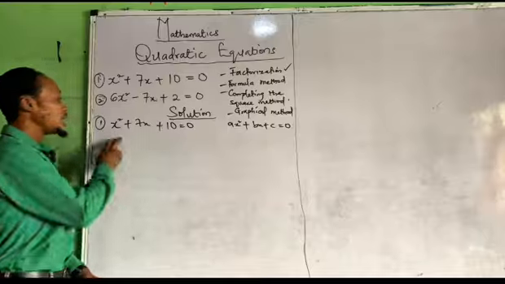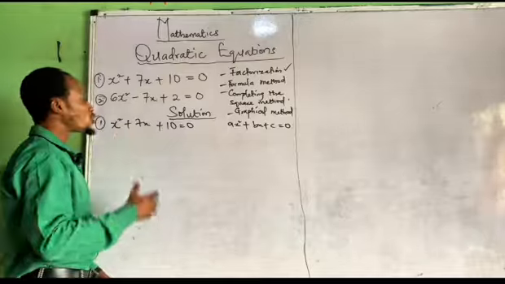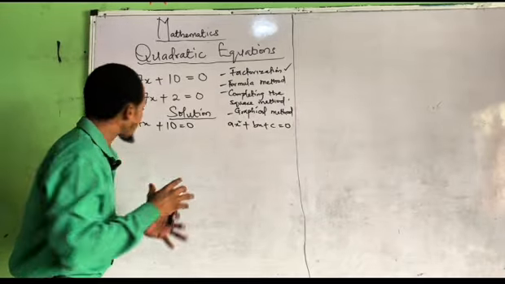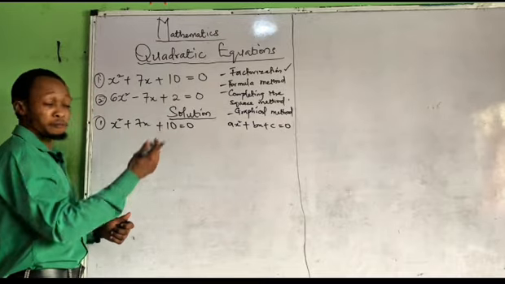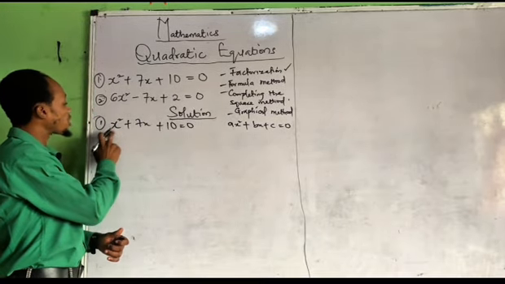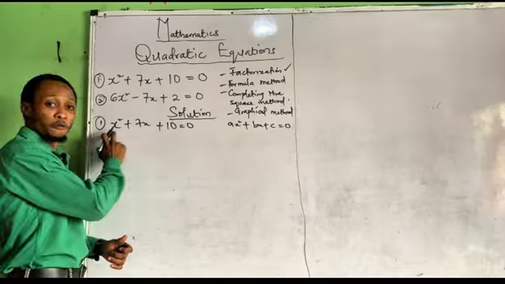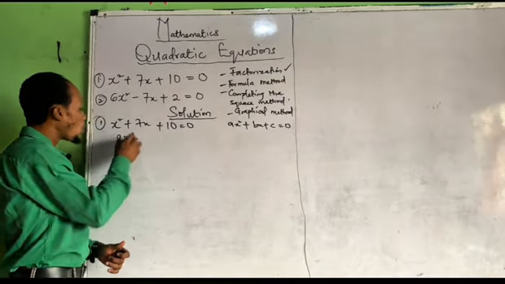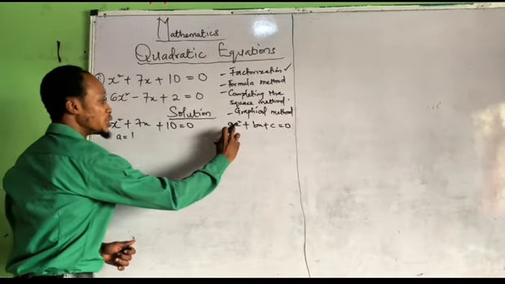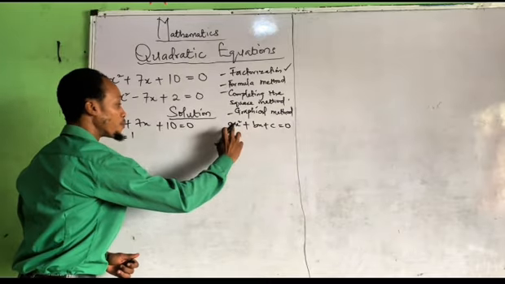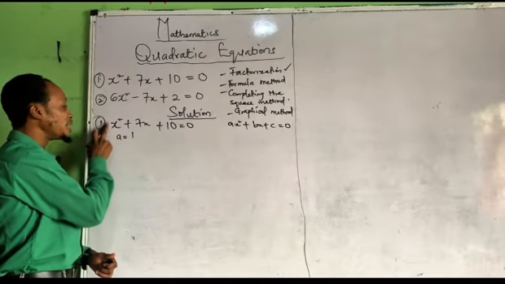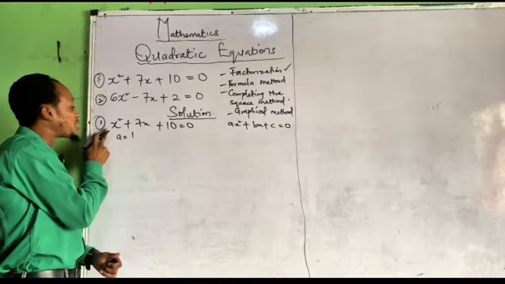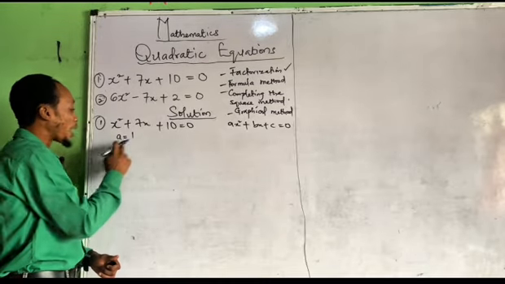What we need in solving by factorization is to get the coefficients. The coefficient of x squared here is 1, so a is 1.